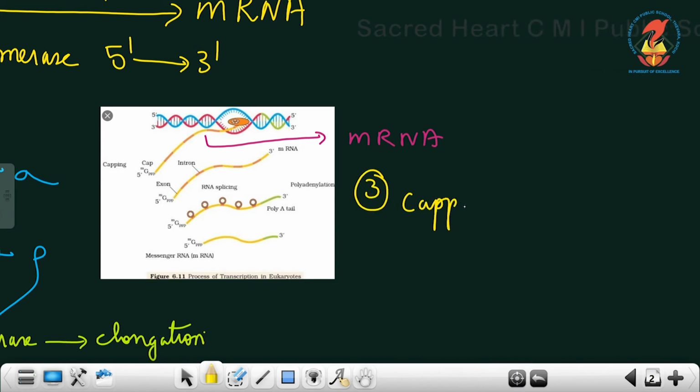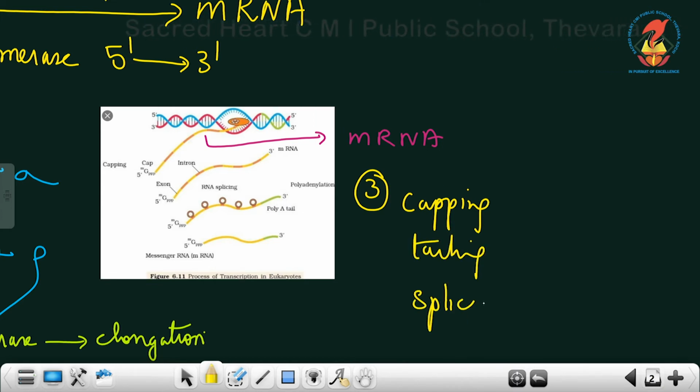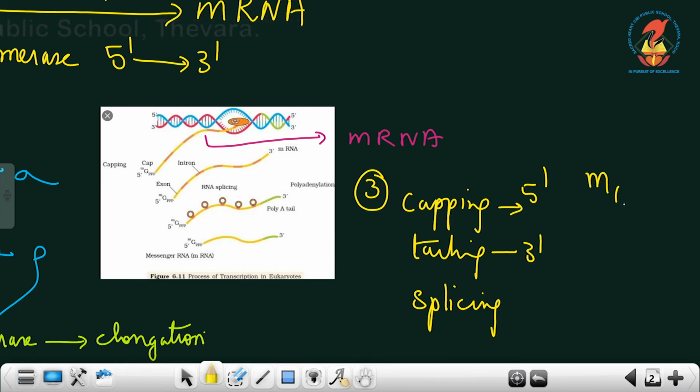One step is capping, next is tailing, and very important is splicing. Capping is done at the 5' end, tailing is done at the 3' end. Capping is done with methyl guanosine triphosphate added at the 5' end, and tailing is done at the 3' end with the help of an adenylate residue.